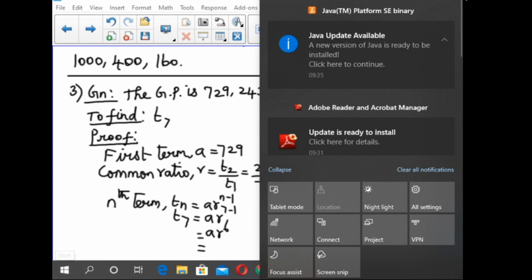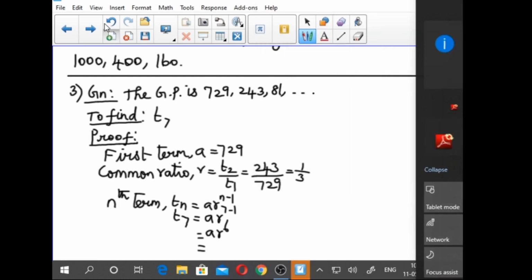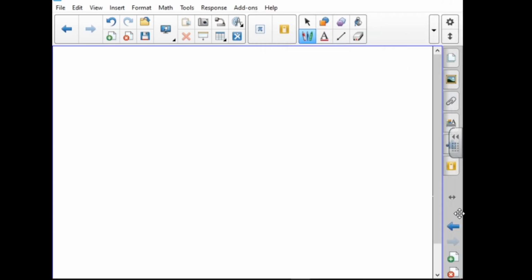A, first term we are having 729. So T7 equal to 729 into R, which is given as 1 by 3, so 1 by 3 whole power 6.